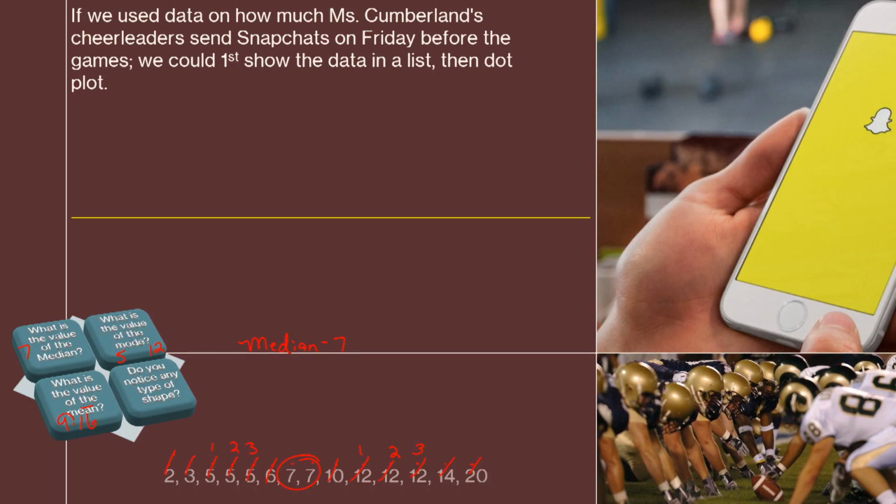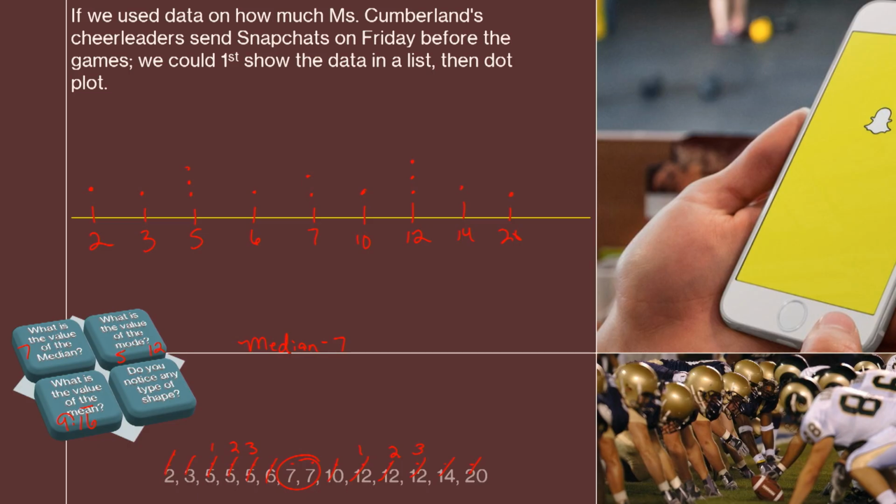So let's go ahead and make this dot plot. So I've got 2, 3, 5, 6, 7, 10, 12, 14, and 20. So I had 1 two, 1 three, 3 fives, 1 six, 2 sevens, 1 ten, 3 twelves, 1 fourteen, and 1 twenty.